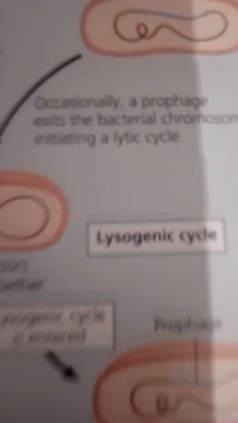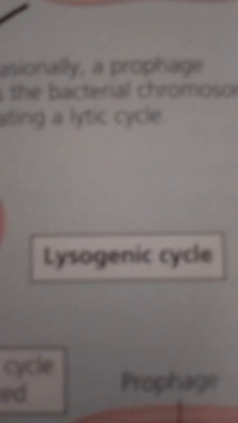One prophage gene codes for a protein that prevents the transcription of most of the other prophage genes. Thus, the phage genome is mostly silent within the bacterium. Every time the E. coli cell prepares to divide, it replicates the phage DNA along with its own and passes the copies on to daughter cells.